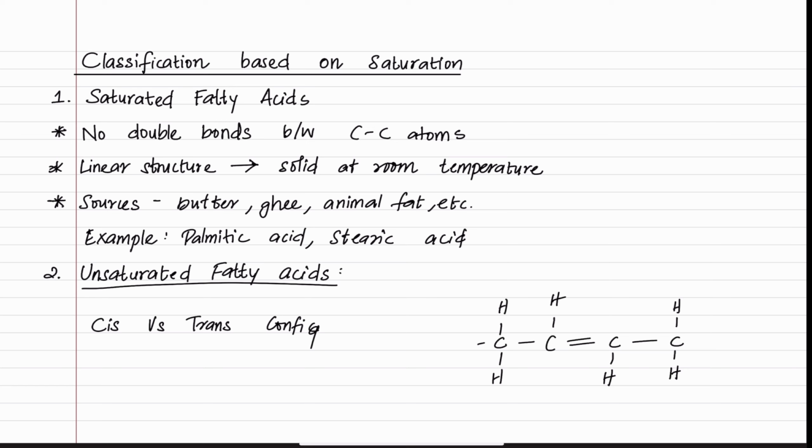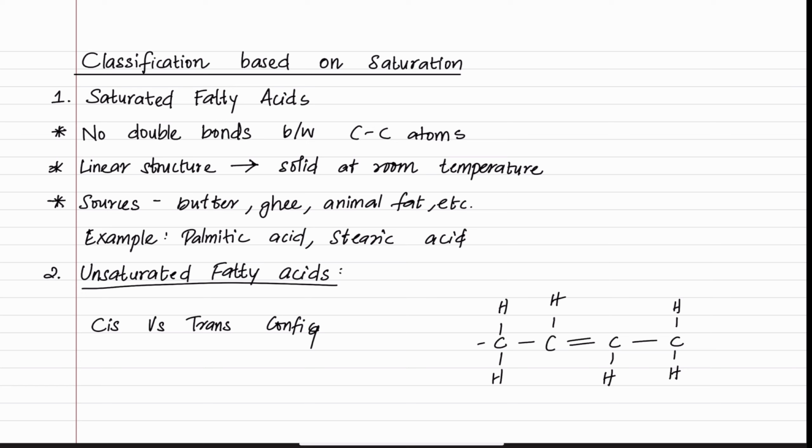Sources of oleic acid are olive oil, avocado, nuts, etc. Polyunsaturated fatty acids, as the name suggests, polyunsaturated, which means that there are 2 or more double bonds. An example for this would be linoleic acid or arachidonic acid. Sources of it are flax seeds, fish oil, sunflower oil, etc.